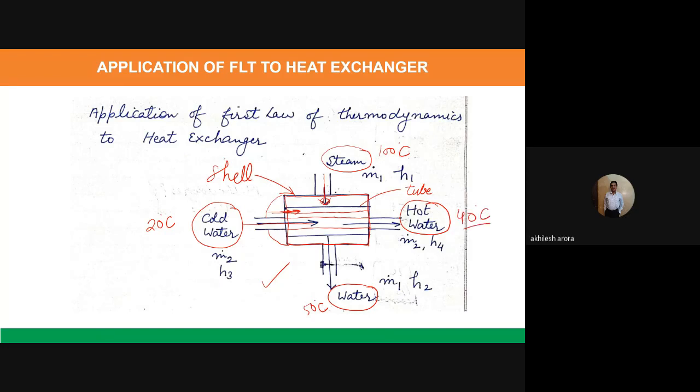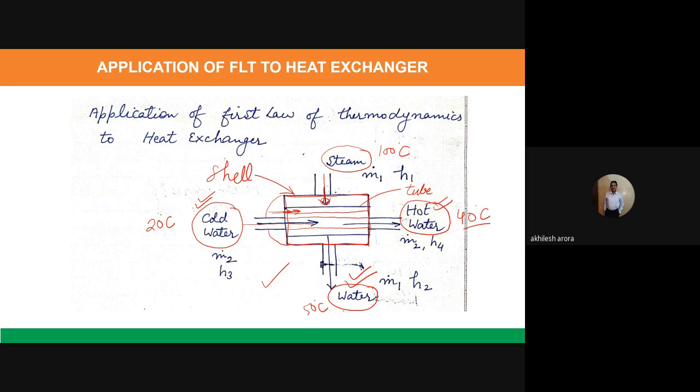So basically, the steam is losing heat to cold water, and the steam gets converted to water, whereas the cold water gets converted to hot water. Both are not coming in direct contact with each other. They have different spaces for flow. The steam is flowing in the shell and the cold water is flowing in the tubes.